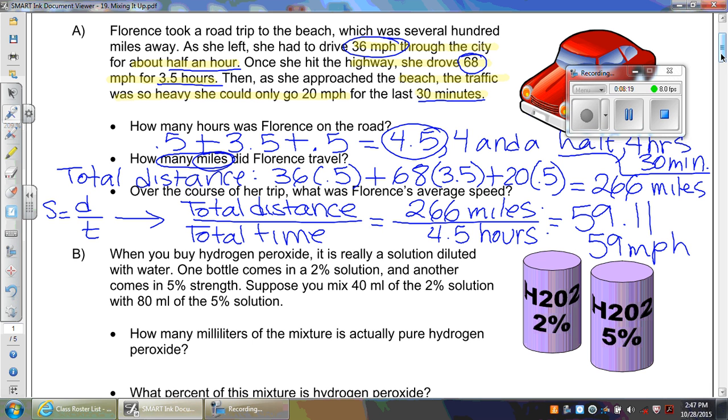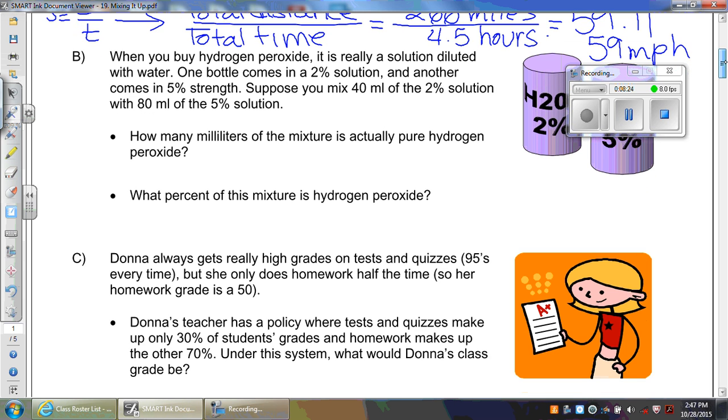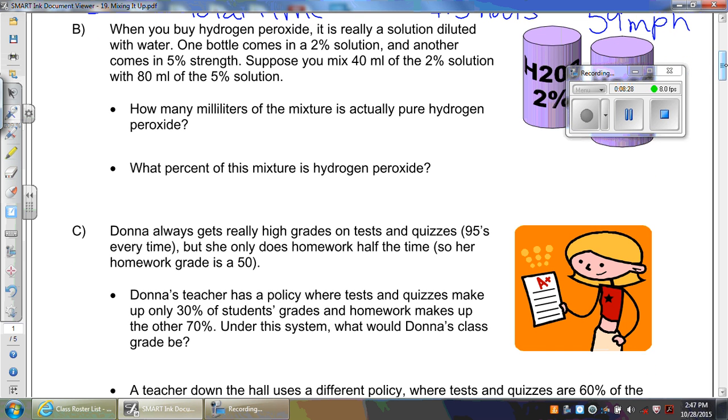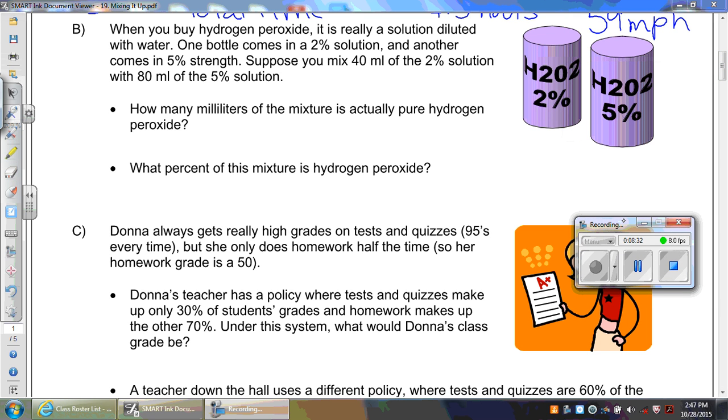All right. Let's go to the next one, and that is B. When you buy hydrogen peroxide, it is really a solution diluted with water. One bottle comes in a 2% solution, and another comes in 5% strength. So we have two different bottles.